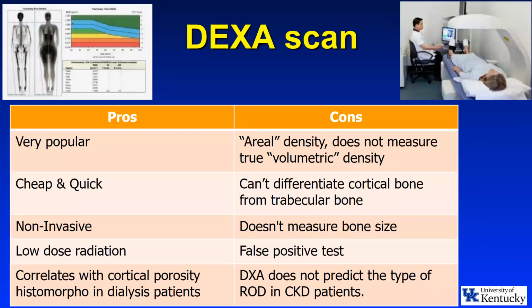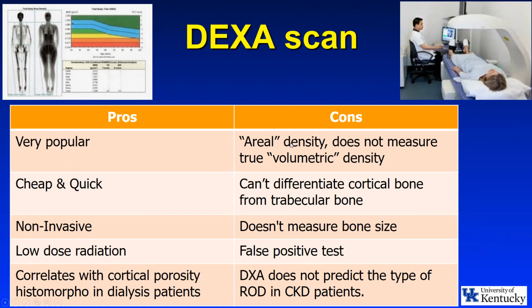So let's see what we can get from the DEXA. We can get, of course, the BMD, the bone mineral density. It's very popular and cheap, and the radiation exposure is very low. Of course, it's non-invasive, and it correlates with cortical porosity and histomorphometry in dialysis patients. However, it has some caveats.